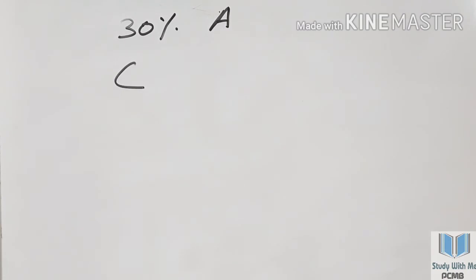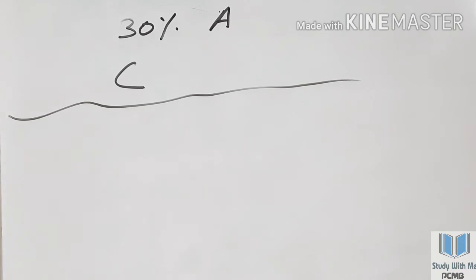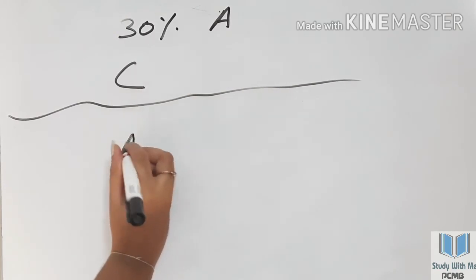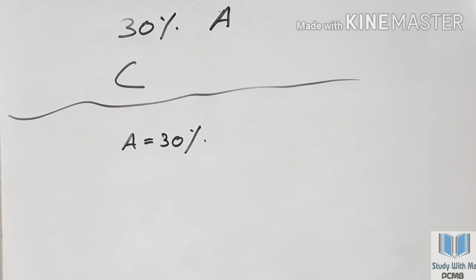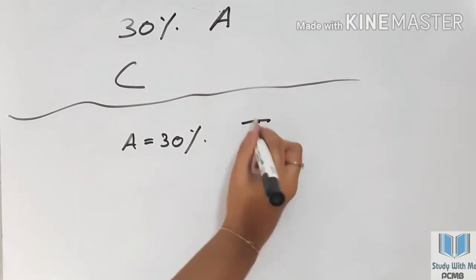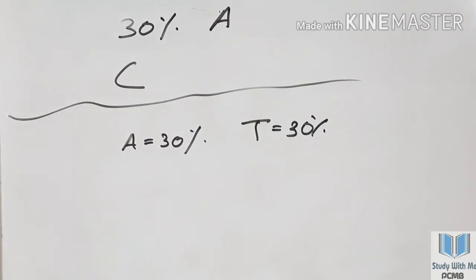You have learned how they are pairing. So, if adenine is 30%, then automatically thymine, that is this pyrimidine, will be 30%. That means the quantity of purine and the quantity of pyrimidine are always equal.